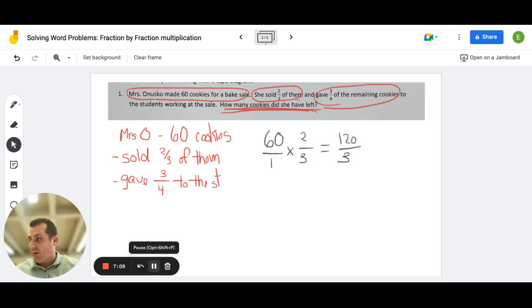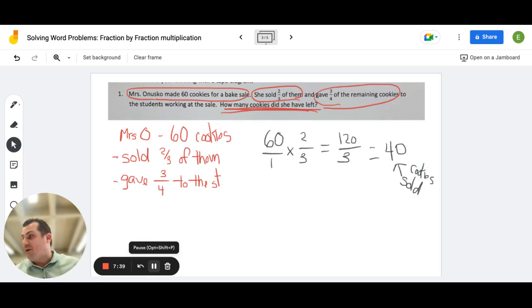And 120 over 3, I'm doing this, and I could see that 3 goes into 12 how many times? 4 times. And then we have the 0 left over. So our answer here is 40. Okay? So she sold 40. So this is how many cookies she sold.